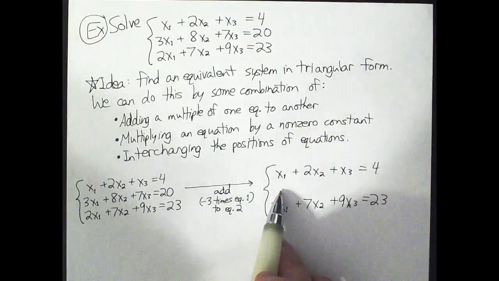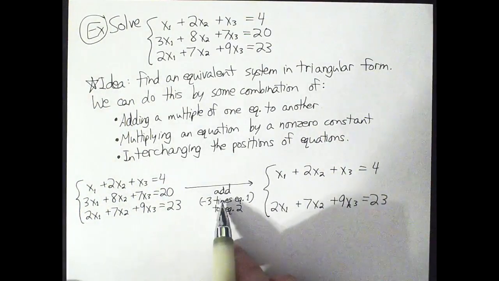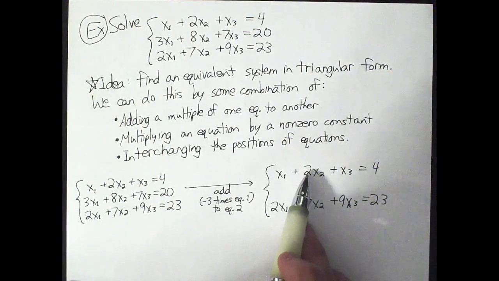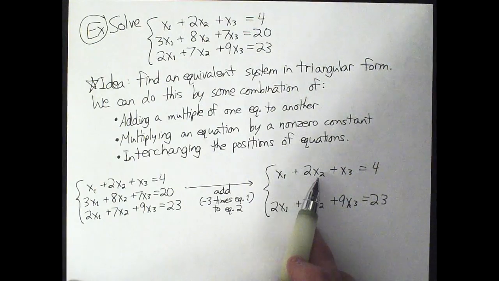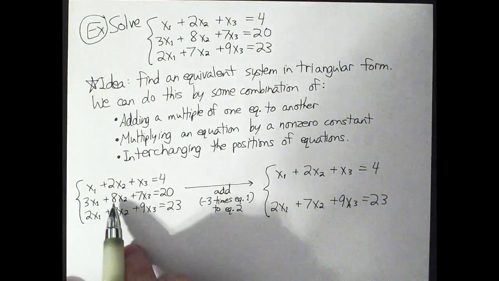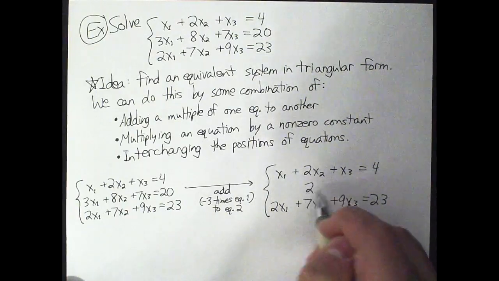But as a consequence of doing this, we also have to do it with all the other terms. So -3 times 2x2 is -6x2 getting added to 8x2. -6 plus 8 is 2x2.